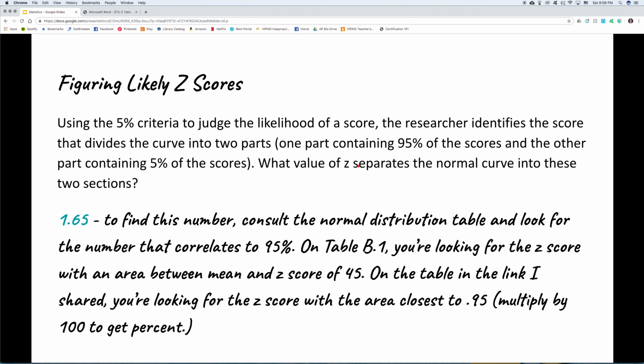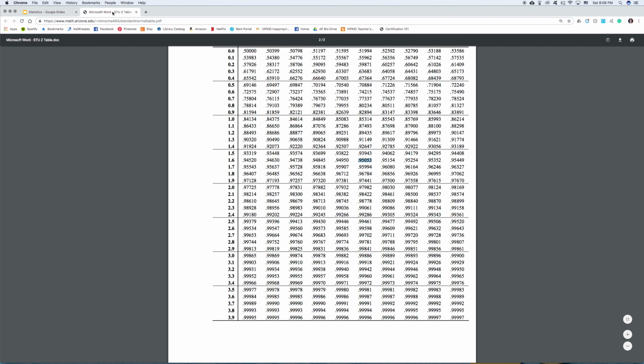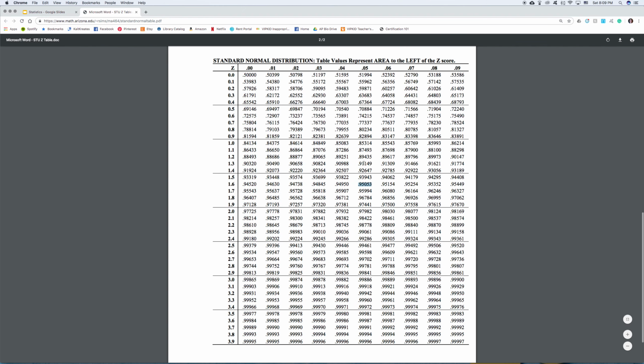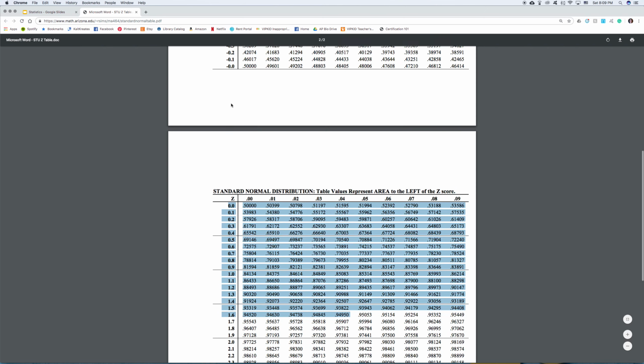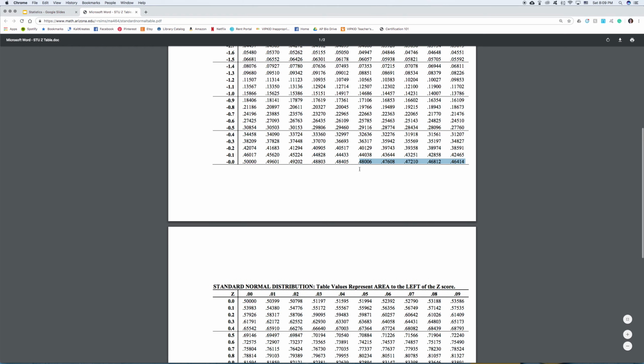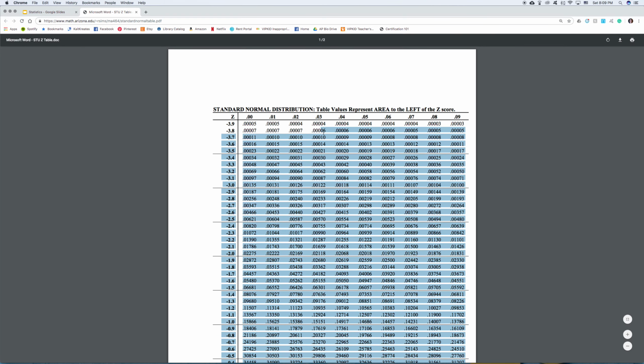Okay, and so from then, all you have to do to determine if the score is likely or unlikely is determine whether the z-score is bigger than this or smaller than this. So 95% of scores are going to be below 1.65. So any number that is smaller than 1.65 is going to be likely.